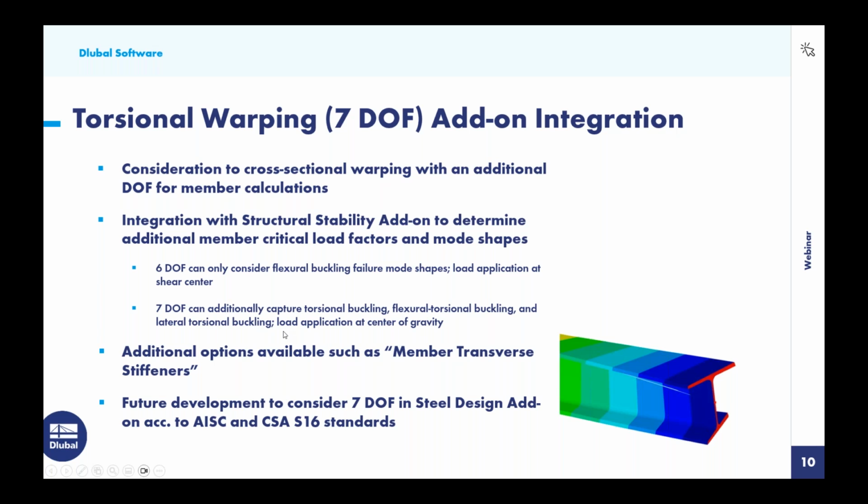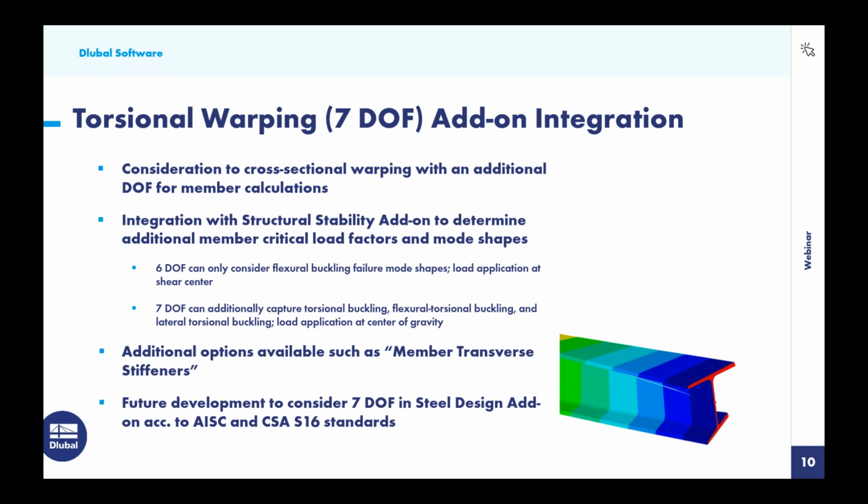And when we do enable that 7th degree of freedom, we get a load application at the center of gravity or the centroid of the member instead. What we will see in just a minute is that when we do enable this add-on, we do get additional options available to us, such as member transverse stiffeners to restrain the warping along the member length.